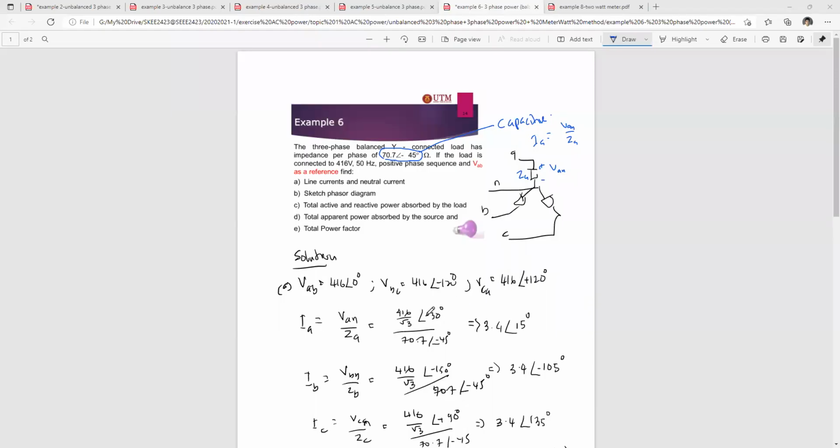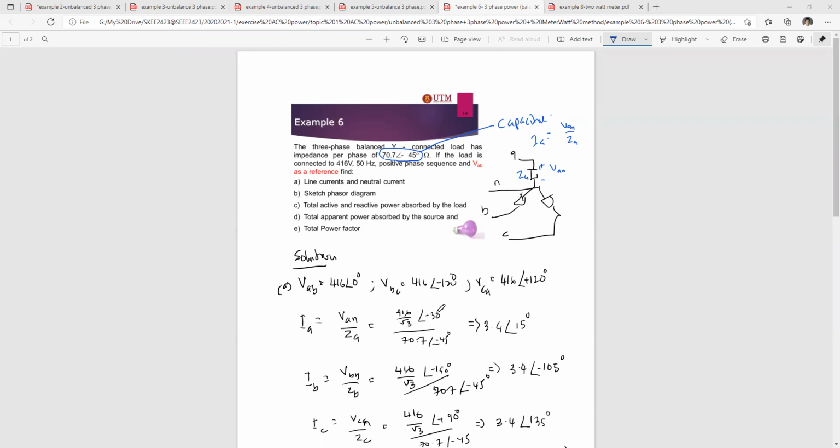Why do I give negative 30 degrees? Because we know that V phase is behind the V line. V line is right now 0, so your V phase should be 30 degrees behind 0, which is negative 30.